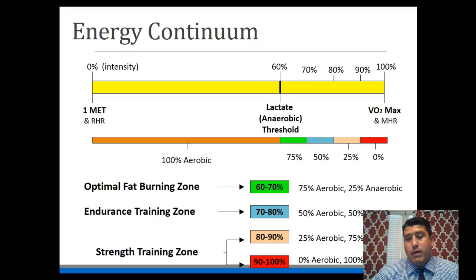All right, now the reason why it's called the lactate threshold is because you start to produce lactic acid in the muscles, which is the byproduct of physical activity, but it's also your body's natural regulator. In other words, this is your body's way of regulating how much you actually do.